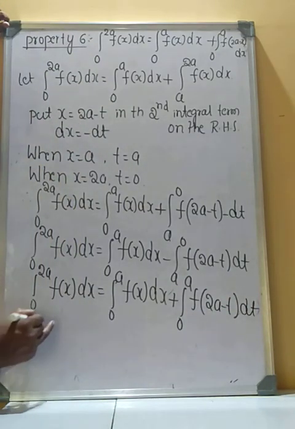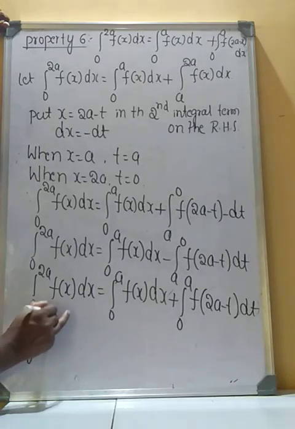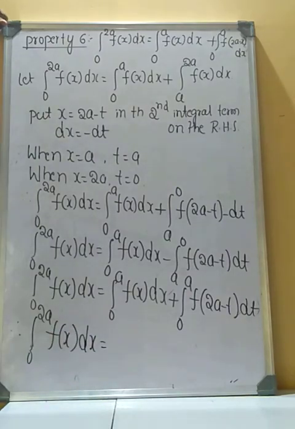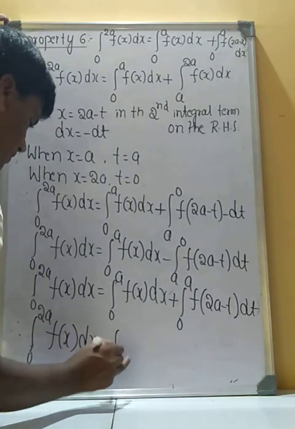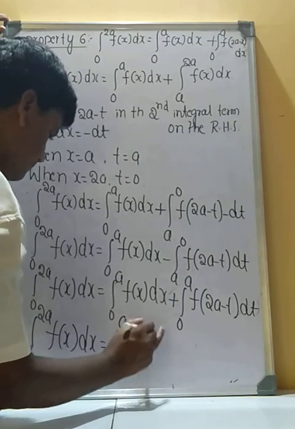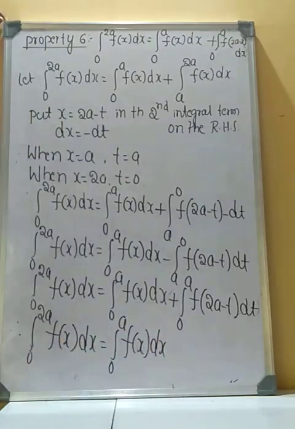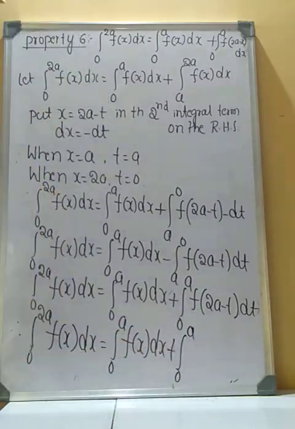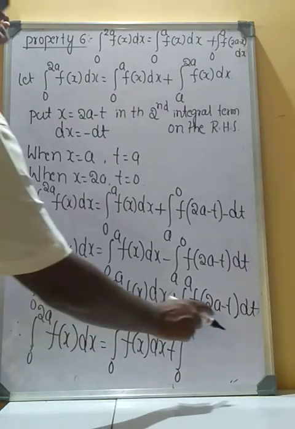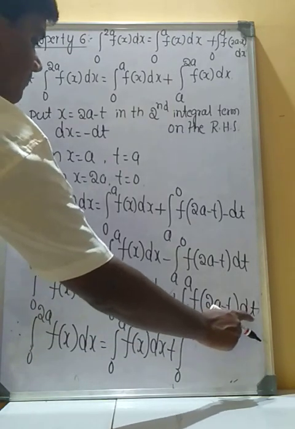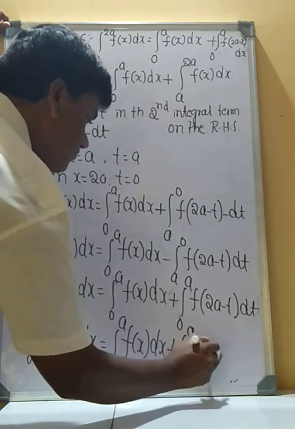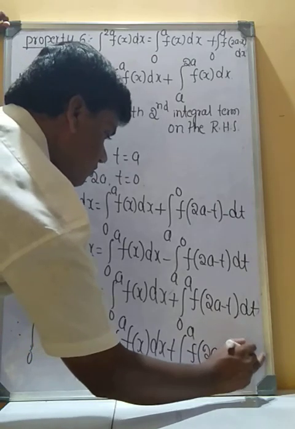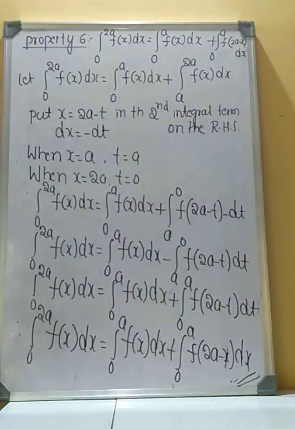So therefore, integral 0 to 2a f of x dx equals integral 0 to a f of x dx plus integral 0 to a. Now by using property 1, independent of variable, it is f of 2a minus x dx. Hence it is proved.